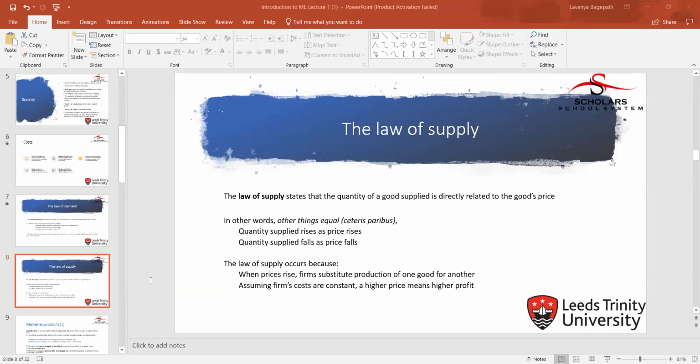So that is all about the law of supply. The law of supply states that quantity supplied rises as price rises, and quantity supplied falls as price falls, as you can see here on the slide. So that is all about the law of demand and law of supply.